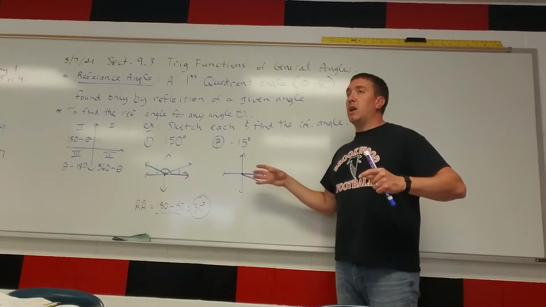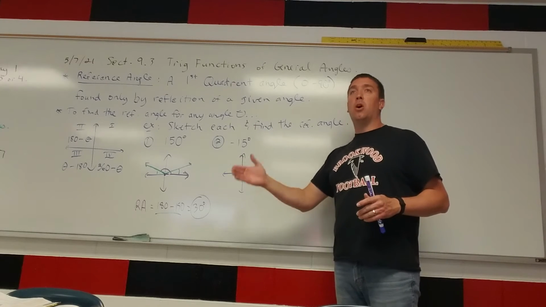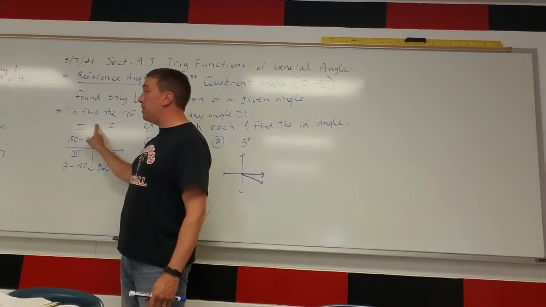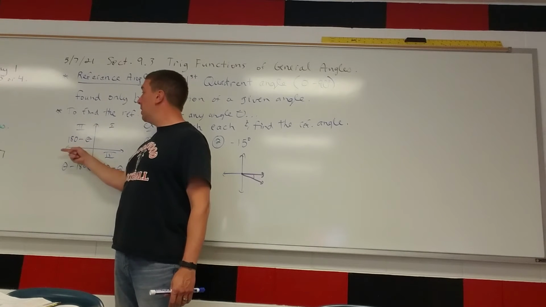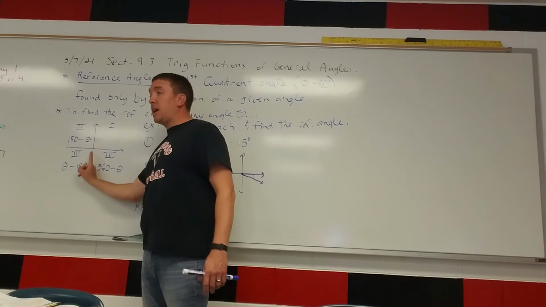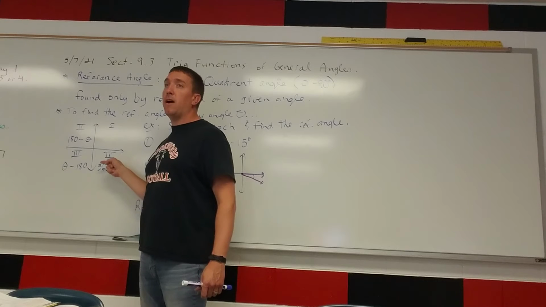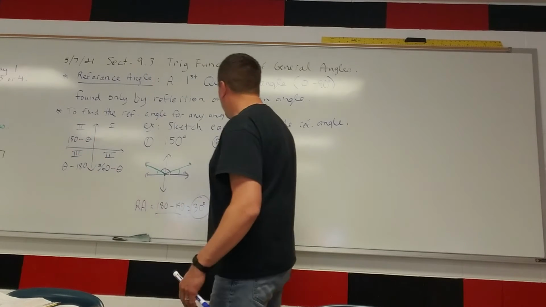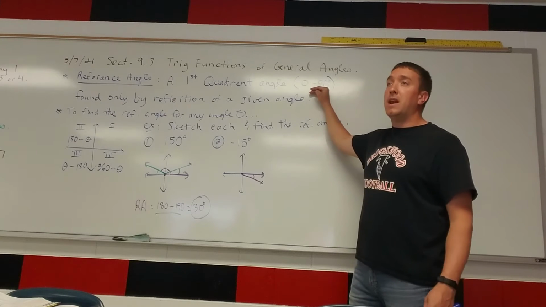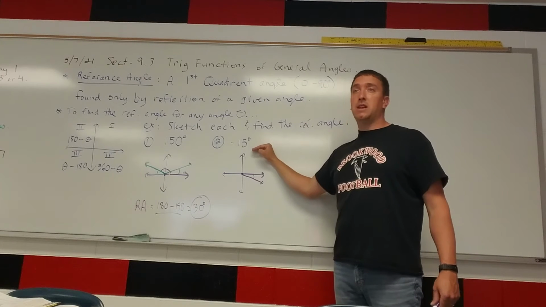The angle you're working with has to be between 0 and 360. So in quadrant 2, it's got to be between 90 and 180. In quadrant 3, it's got to be between 180 and 270, and in quadrant 4, it's got to be between 270 and 360, right? Put simply, you can't find reference angles. You're not going to get an angle between 0 and 90 if you still work with this negative number.